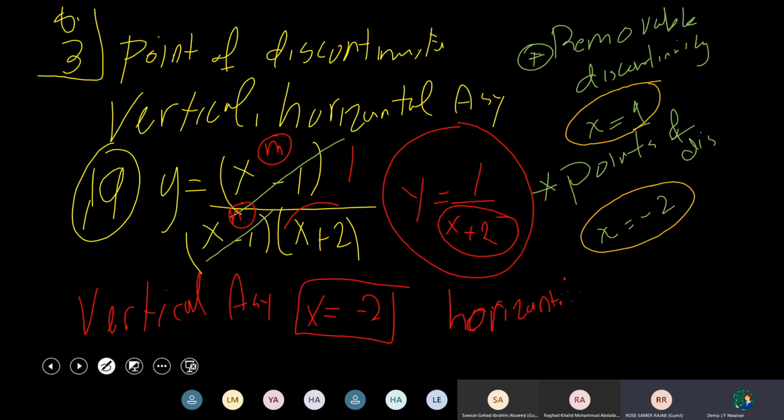Here I have x multiplied by x, which is x squared. So the power of the denominator is 2. Since the power of the numerator is less than the power of the denominator, I mean 1 is less than 2, the horizontal asymptote will be y equals 0, which is the x-axis.